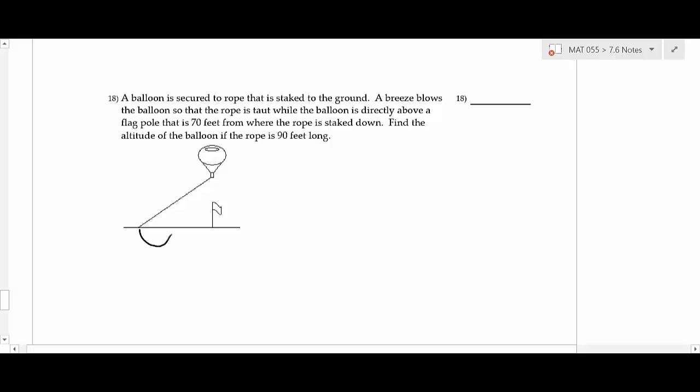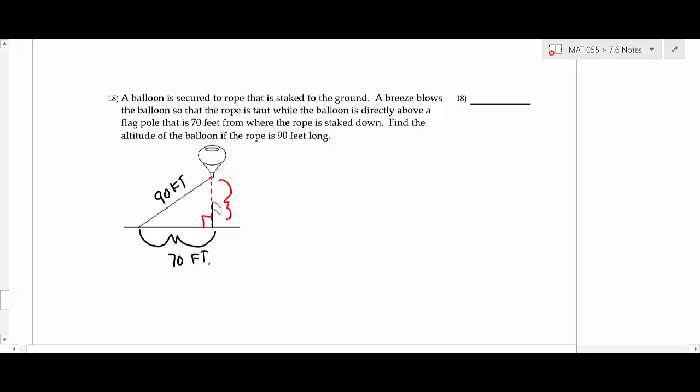So that means this piece right here is going to be 70 feet. Then it says find the altitude of the balloon if the rope is 90 feet long. An altitude just means how high is this thing. So we're going to be trying to find that thing right there.